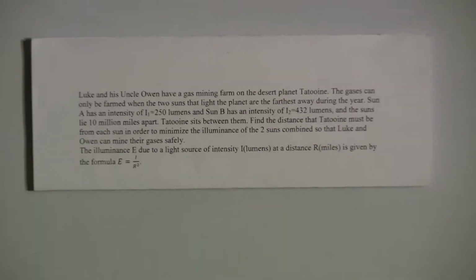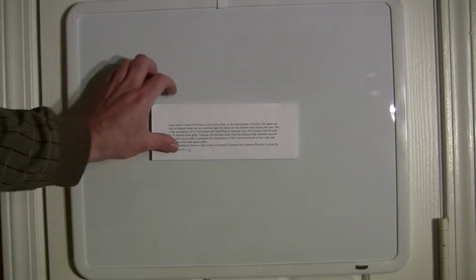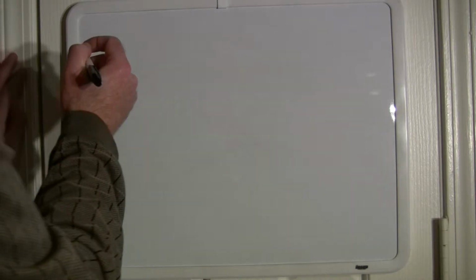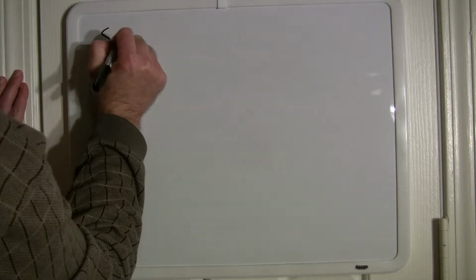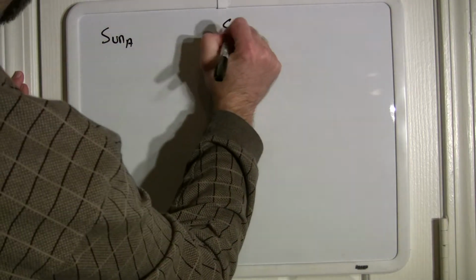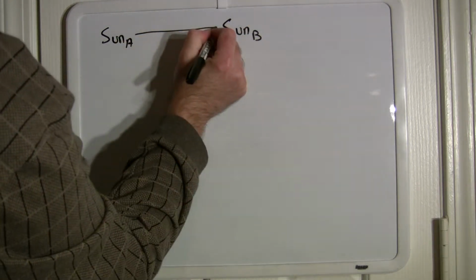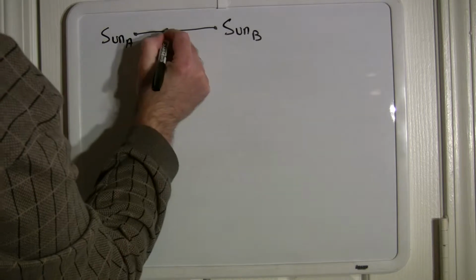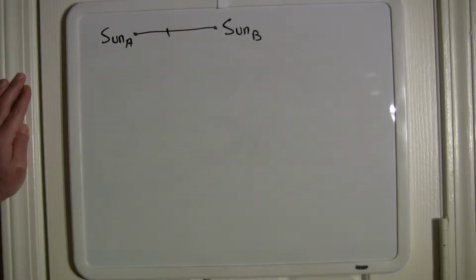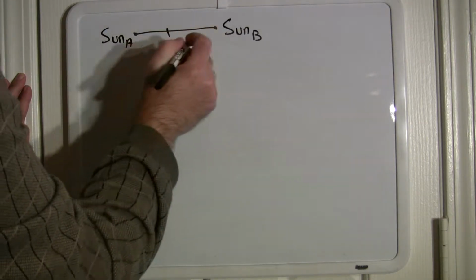Okay, so let's take a look at this problem, and we'll start by drawing a picture to give ourselves a little bit of context to make it easier. So we have Sun A and Sun B. We know that Tatooine lies somewhere in between those two, but we don't know the distances from each sun.